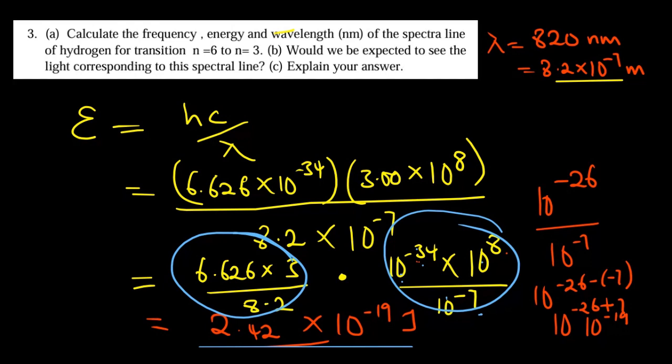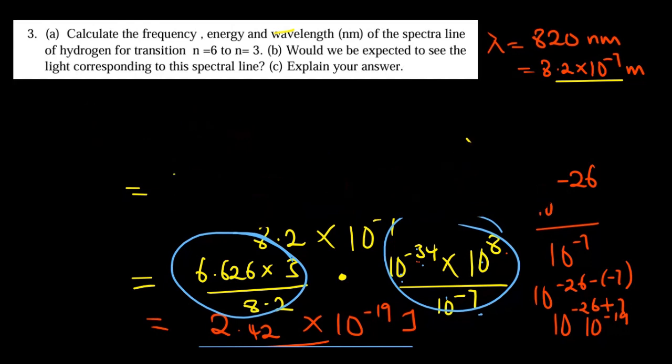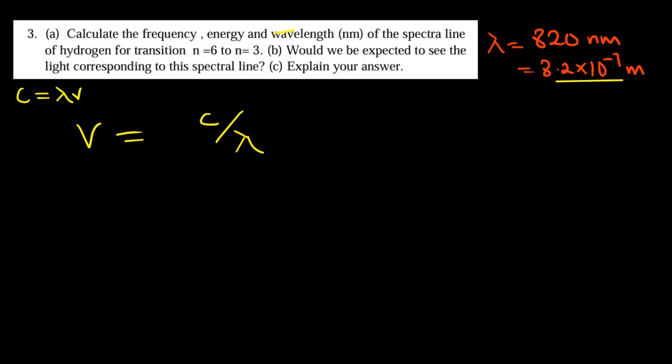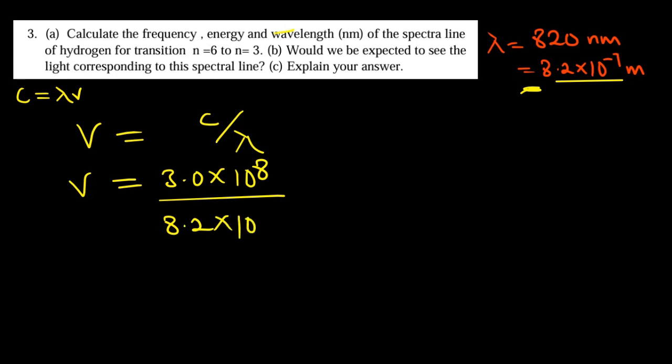The other thing now is to find the frequency. Frequency is not hard. We know that the frequency is equal to the speed of light divided by lambda. From the formula, speed is equal to lambda multiplied by the frequency, so frequency is equal to the speed of light divided by the lambda, which is 8.2 times 10 to the power minus 7.